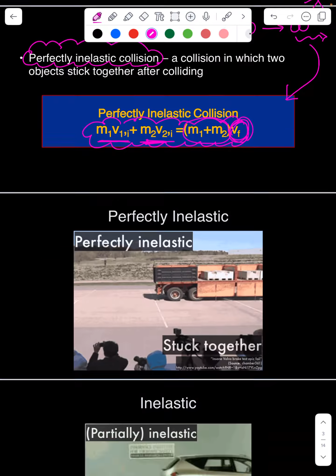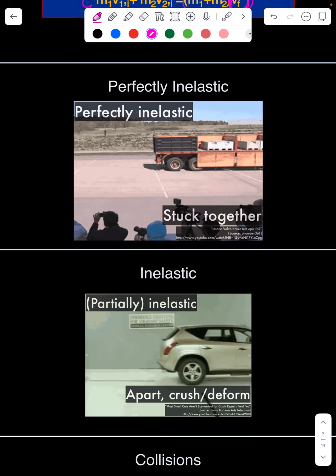If you were to pull this slideshow up and play it, you will see that both of these are just very short videos. What you see is that this truck is either not moving or moving very slowly, and then you have a car that comes up behind it, crashes into it, and sticks to it.